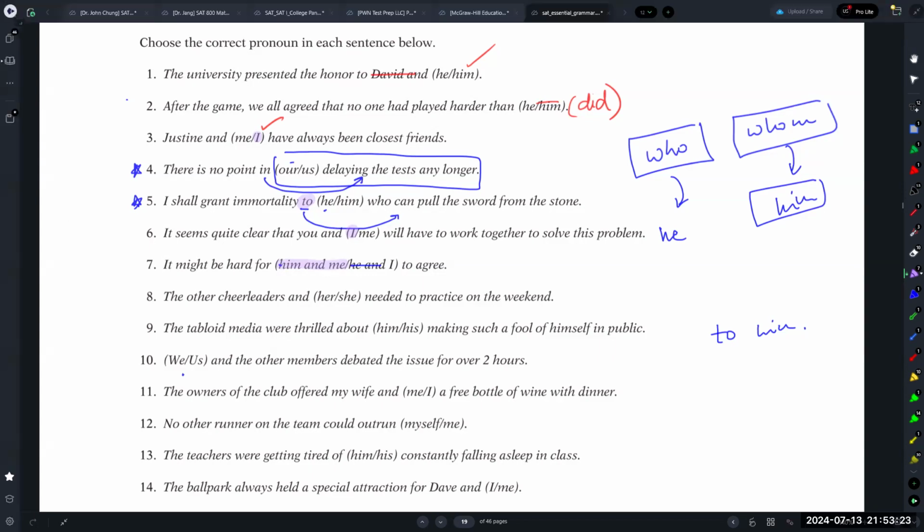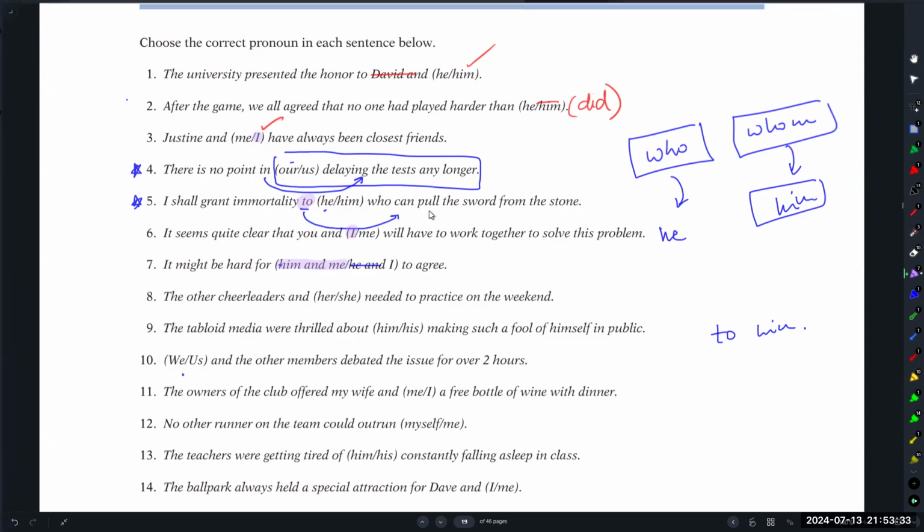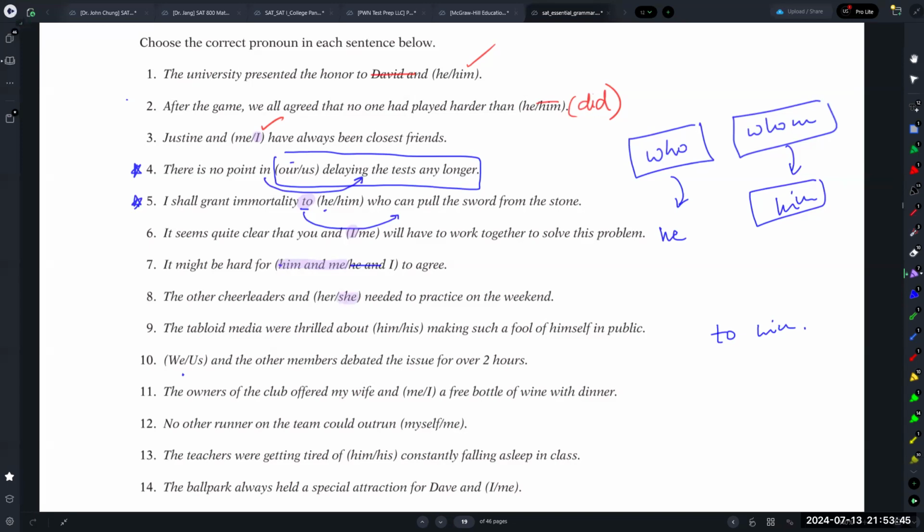एक मिनट नाफे ने भी जवाब दिए, मैं नाफे ठीक हो गया, करेक्ट हो गया तुम्हारा और तुम्हारा ये भी करेक्ट हो गया और ये फातिमा का भी करेक्ट हो गया, मज़ा का भी करेक्ट हो गया और नूर का भी करेक्ट हो गया. All right, the other cheerleaders and she needed to practice on the weekend. The tabloid media were thrilled about, अच्छा जी क्या दिया इसने जवाब. 9 का अच्छा ठीक है जी.